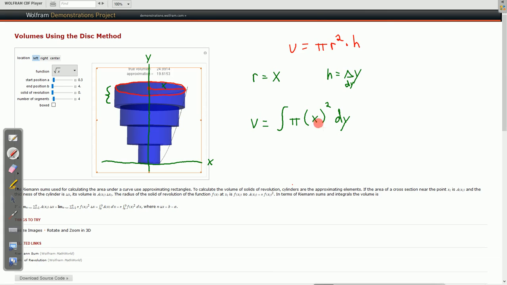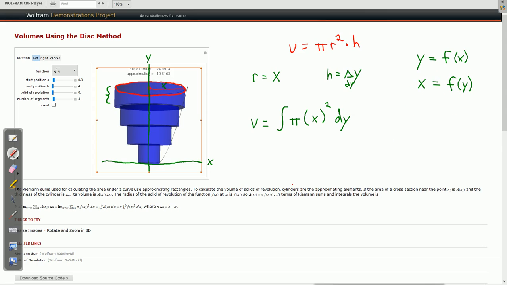And so what you have to do is get rid of x. So usually you have a function y equals some function of x. And so what you have to do is, instead of having y by itself, you need to solve this equation for x, and over here you will then have a function of y.